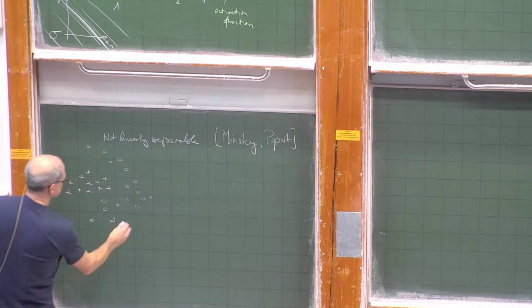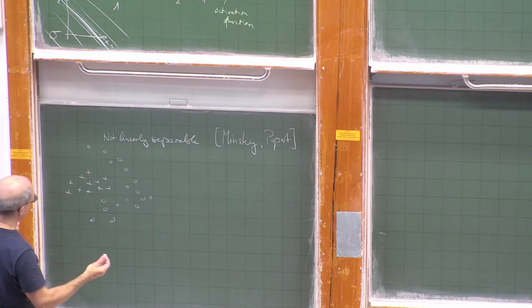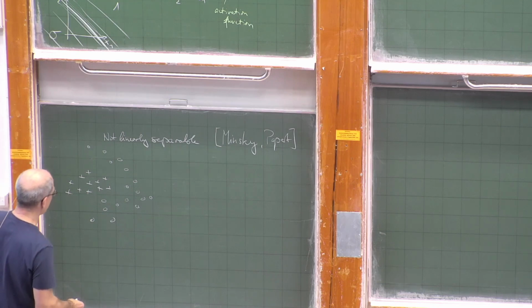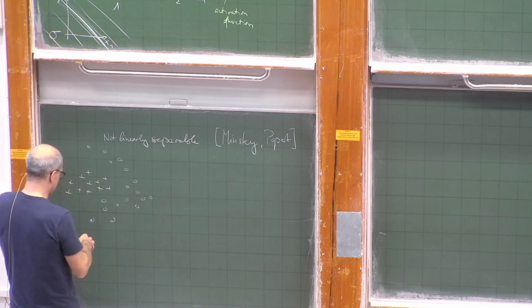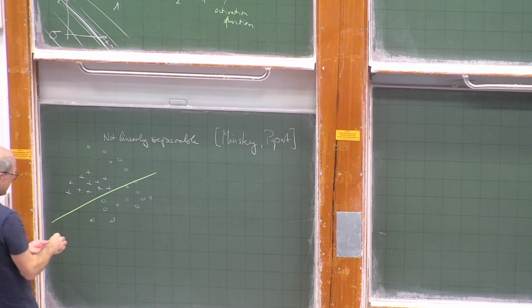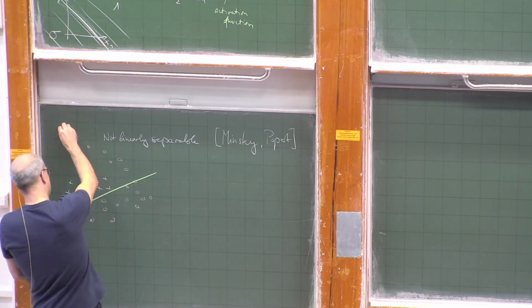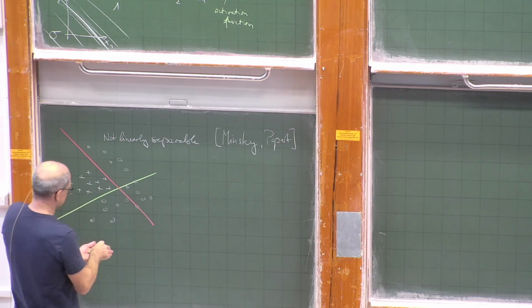All right. So, okay, a single perceptron doesn't do it, but what if we now start combining several of them? Notably, I could have this perceptron here, and I could have that perceptron there.